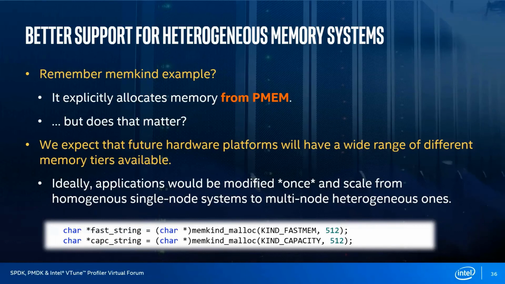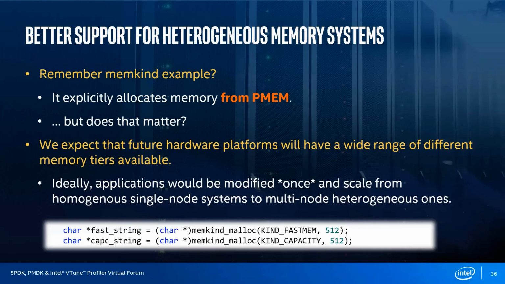So in that example, you will allocate your keys with a hint that those objects should be fast, and then you will allocate your values, the leaf nodes, with a hint that this should be allocated from maybe slower but bigger memory, so a capacity tier.